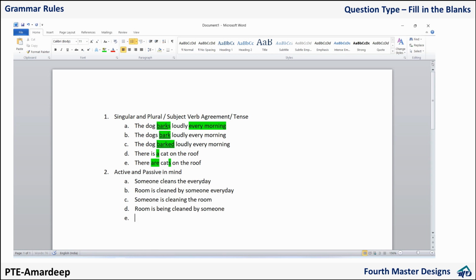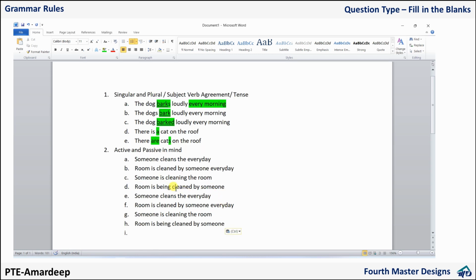Then I'll explain what is the mistake. So now I will go over: someone cleaned the room every day. Room was cleaned by someone every day. Then someone was cleaning the room. Room was being cleaned by someone every day.